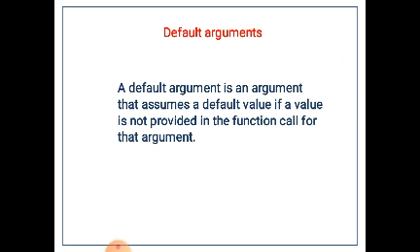Here we see default arguments. The default argument topic comes into existence when we send a value to the function where there is no value. That means no value is sent from the function, but something has been called there. So that is called the default argument.